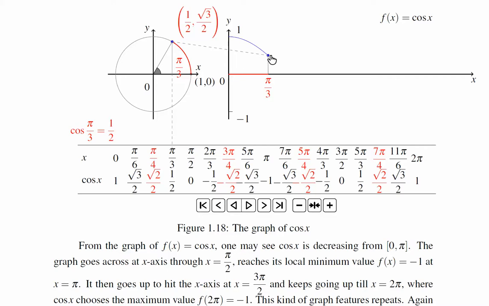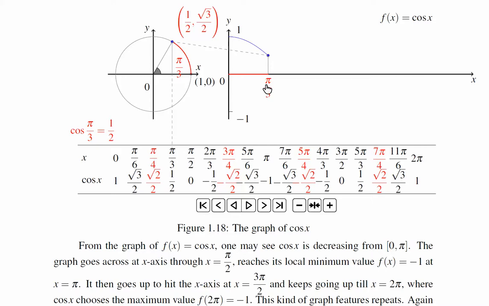Okay, what does this mean? This means when x moves by an equal increment, the value y only moved from 1 to 1/2. Okay, it's half from 0 to 1.